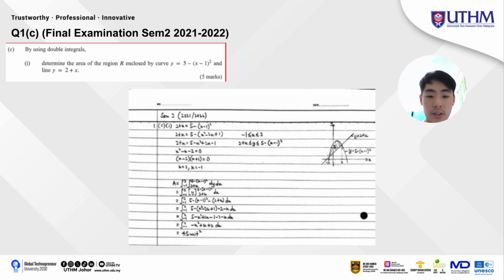Later, we use vertical strip integration with the interval of x from -1 to 2 and the interval of y where y max is 5 minus (x minus 1) squared and y min is 2 plus x. Using this information to do the double integral, we get the answer 4.5 units.